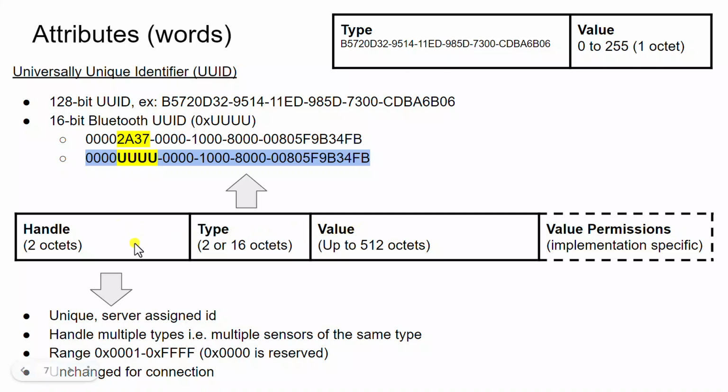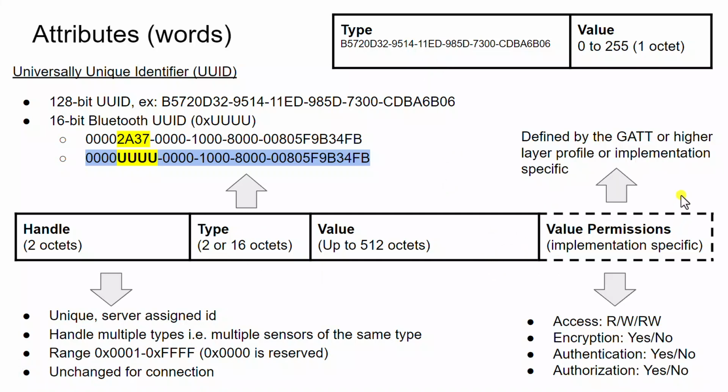It is unchanged for the connection, so that when 2 Bluetooth devices connect, the handle will be unchanged, and you can guarantee that, oh, I know that this one particular type will be stored in this position. Also, the attributes, when stored in the database, can have permissions, and those are defined by the GATT layer, which are profiles, which we'll talk about more later.